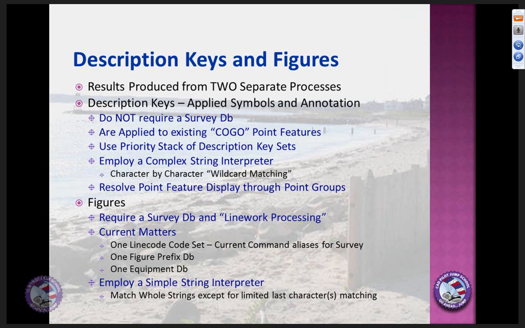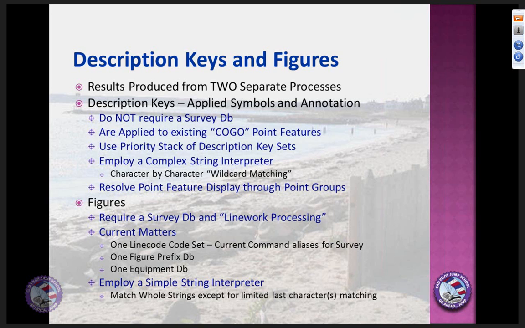The description key process employs a very complex string interpreter. It's simply matching characters, and it processes whatever's in your description key on a character by character basis, and it does wildcard matching in there.